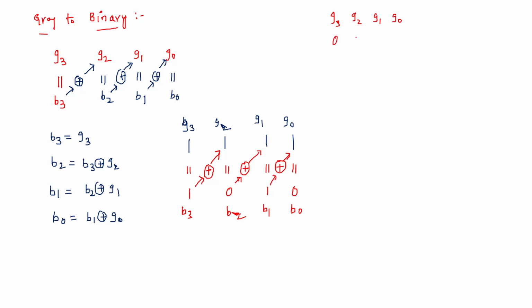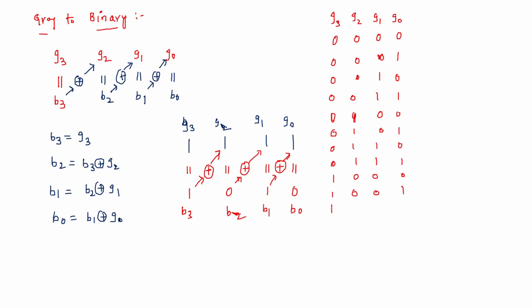So take the Gray code numbers: 0000, 0001, 0010, 0011, 0100, 0101, 0110, 0111, 1000, and then 1001, 1010, 1011, 1100, 1101, 1110, 1111. So these are my Gray code numbers.